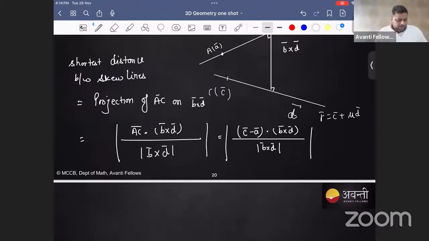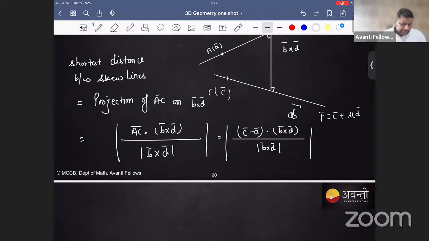Am I clear? So this is the formula for the shortest distance between two lines. And to apply this formula, what do you require? You require two points, one on one line and the other on the other line, and two vectors along which the lines are lying. Or what do you want? Direction ratios of both the lines and a point on each of the lines. Got it?